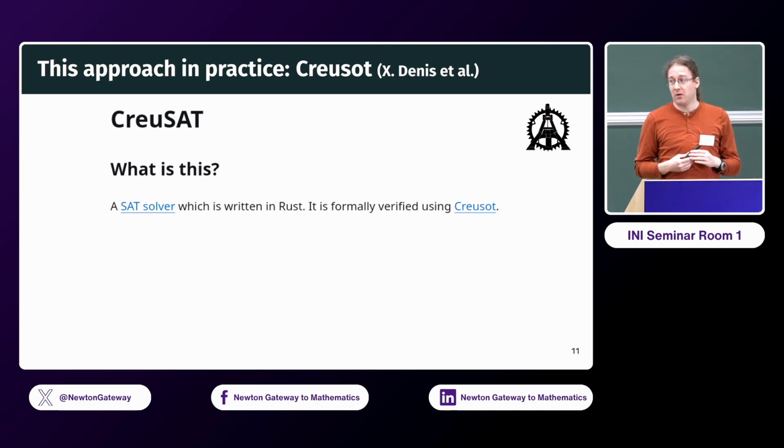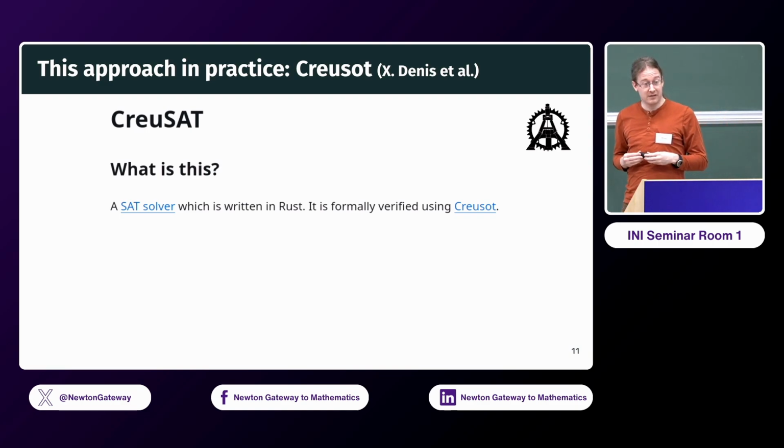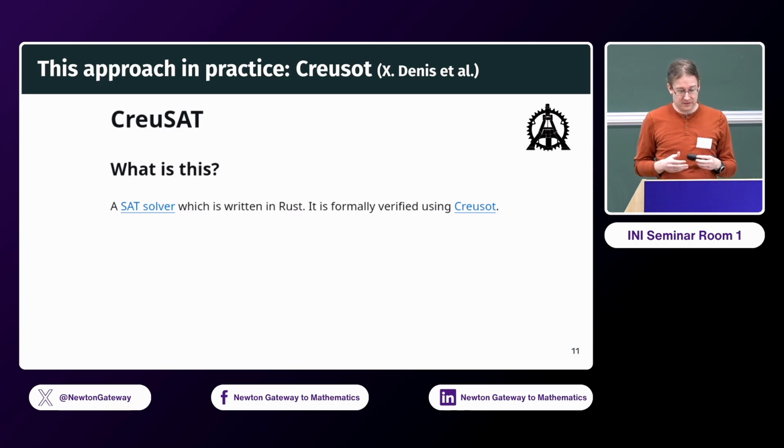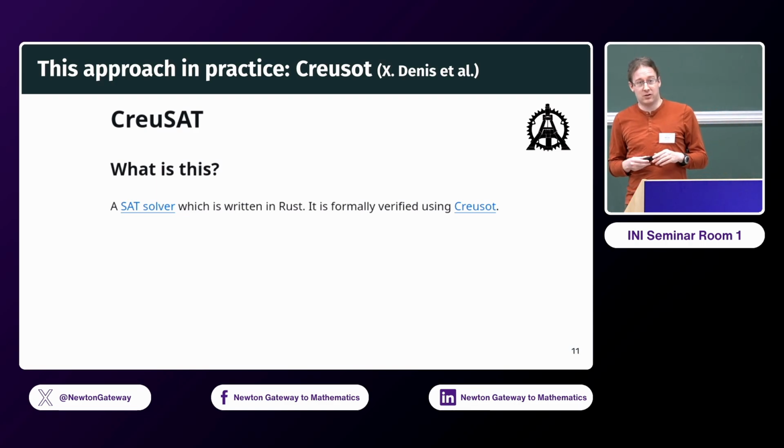One of the, or maybe the, most developed Rust verification tools is Creusot by Xavier Denis and others in Paris, which is entirely based on this insight and is one of the main case studies to show that this actually works in practice and gives a very good verification experience.